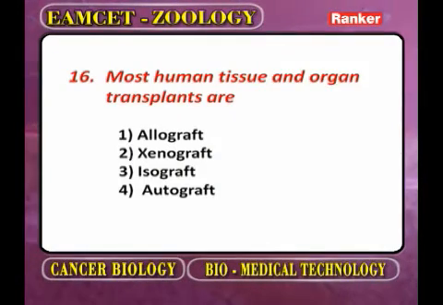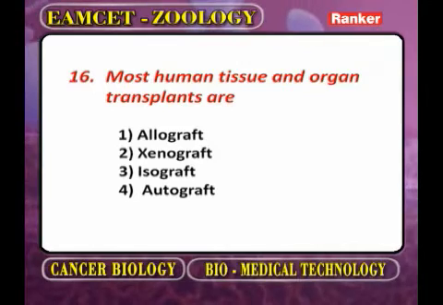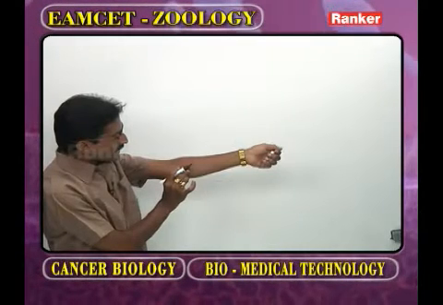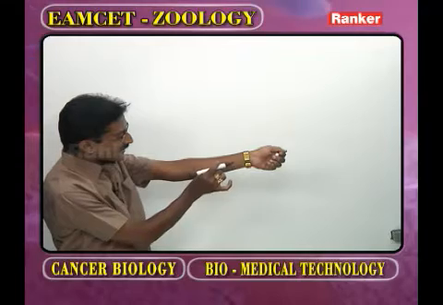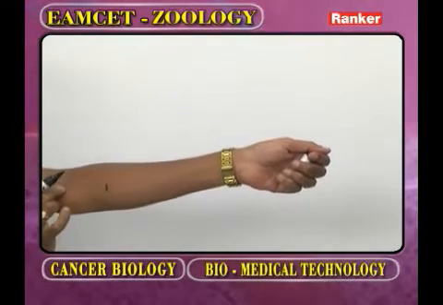Now as we observe, what is meant by autograft? For example, in the body of one organism, the skin is damaged. Now this damaged skin is replaced by another skin from somewhere in the body.